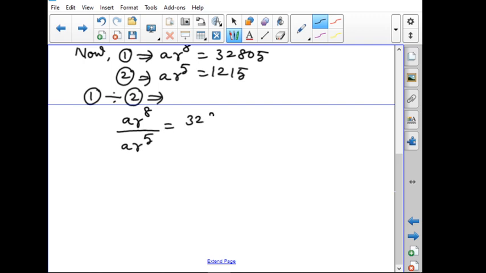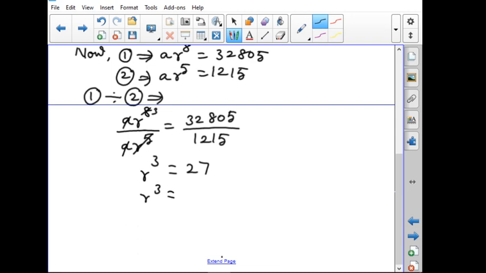So 32,805 by 1215. A will be cancelled, and r power 5 will be cancelled, so we are getting r power 3. So r power 3 equal to, simplifying this side using the 5 table and 3 table, we get 27.